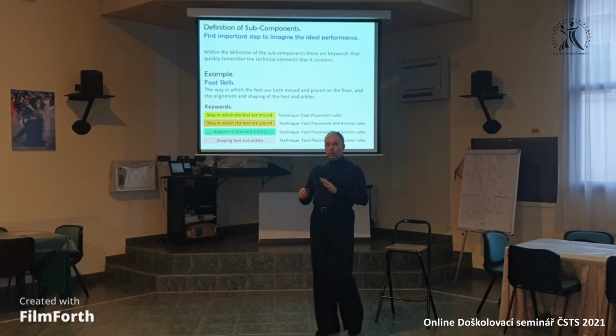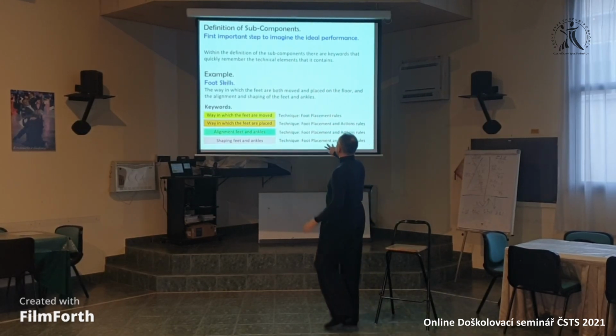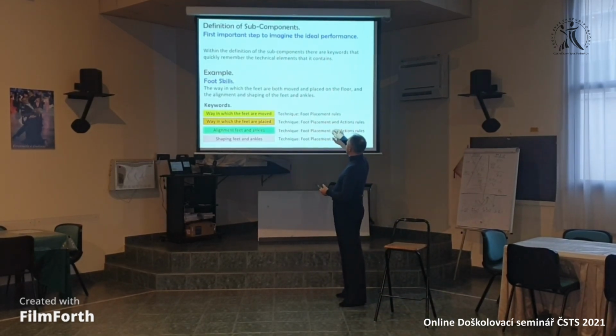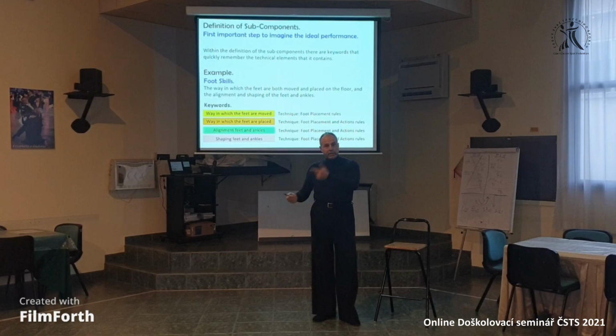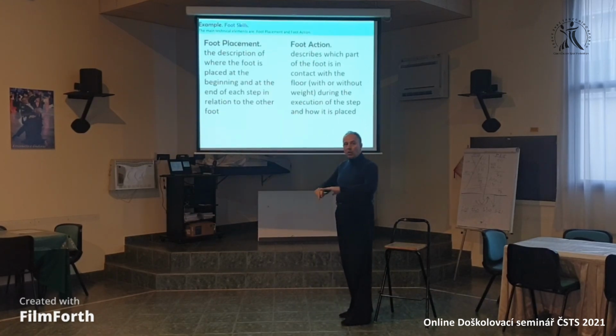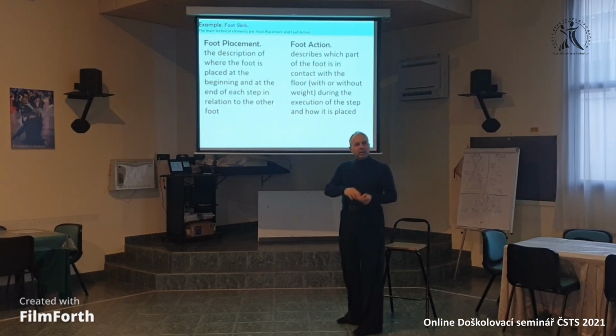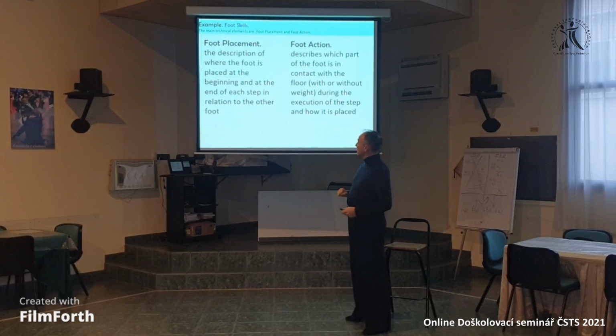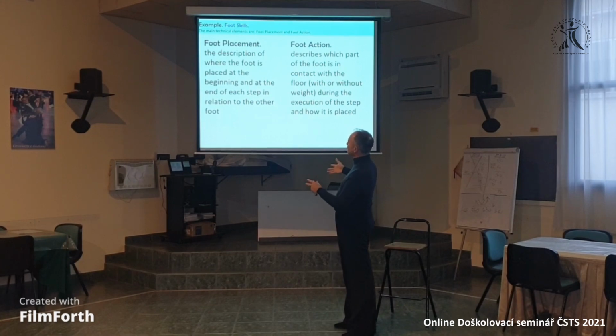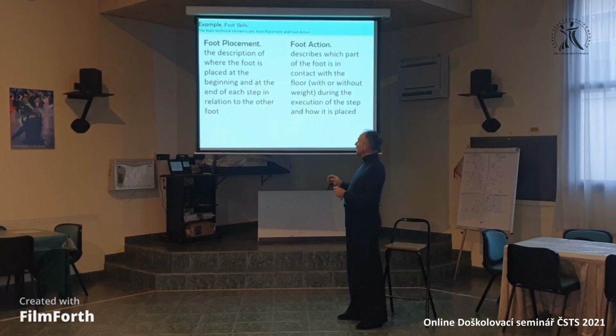So now we speak, in this example, about the foot placement rules and foot action rules. What is in the technique? I give you now the definition from the technique. The technique says, for foot placement, in this example of the foot skill: foot placement is the description of where the foot is placed at the beginning and at the end of each step in relation to the other foot.